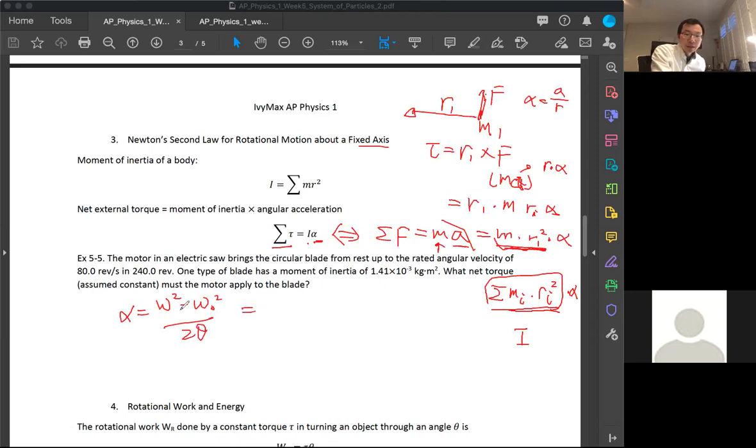First, the angular speed, I believe it's 80 times 2 pi, because you need to convert that into radians per second, squared, over 2 times 240.0 revolutions, times 2 pi again.